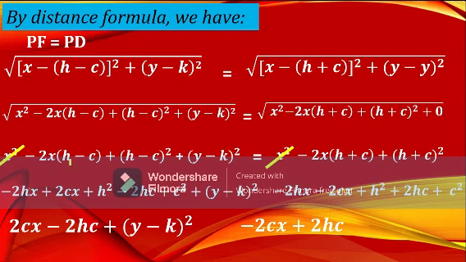So x squared here and x squared here will be cancelled out. Negative 2hx and negative 2hx will also be cancelled out. h squared and h squared will be cancelled out. Then c squared and c squared will be cancelled out. So what remains is 2cx minus 2hc plus y minus k quantity squared is equal to negative 2cx plus 2hc.